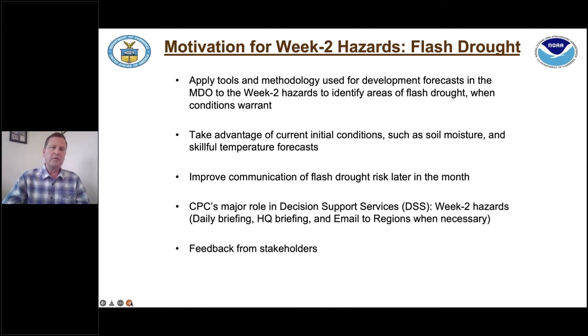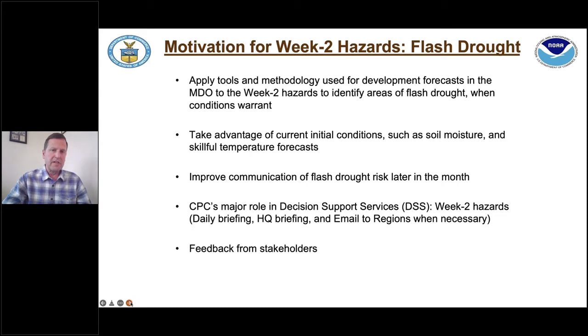So yeah, we're using the methodology for the monthly drought outlook, which utilizes soil moisture. We wanted to apply that to our week 2 hazards product we have at CPC. We've had lots of feedback from stakeholders, and we thought this was something predictable that we should better communicate to the public on a week 2 time scale.